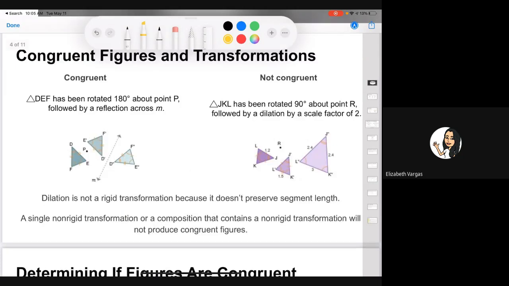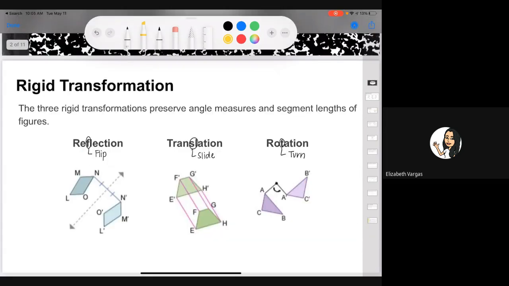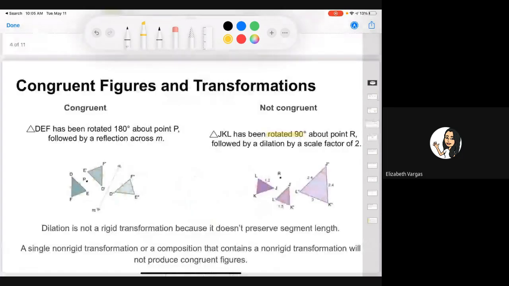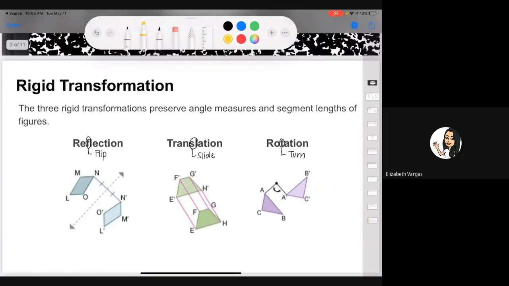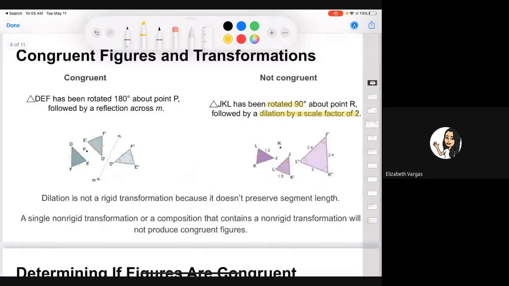For example, here I have JKL has been rotated 90 degrees about point P. Rotation is in fact a rigid transformation, but then it tells me it is followed by a dilation by a scale factor of 2. Well, a dilation, what you'll notice, is not a rigid transformation.